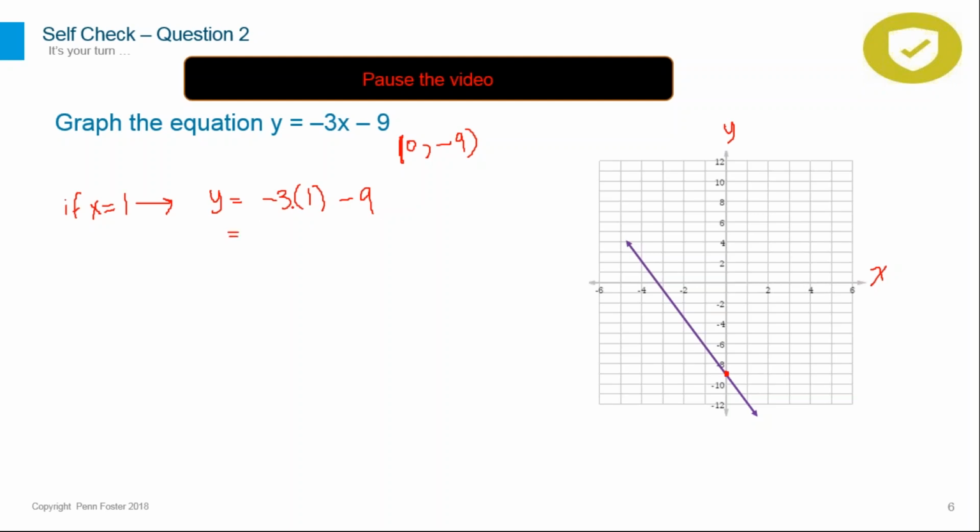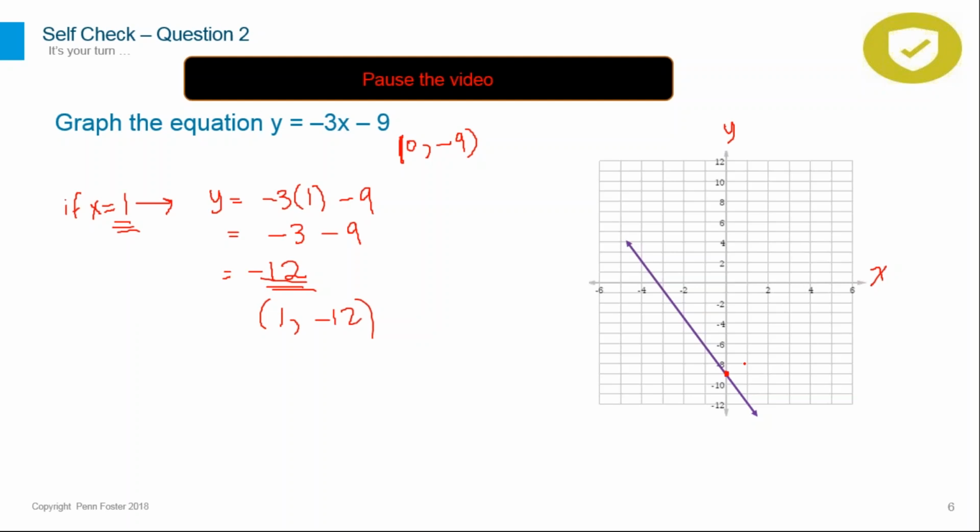Now, evaluate the expression. -3 times 1 is -3, minus 9. -3 minus 9 is what? It's not a 6. It is a -12. So that will tell us that point number 2 is (1, -12).